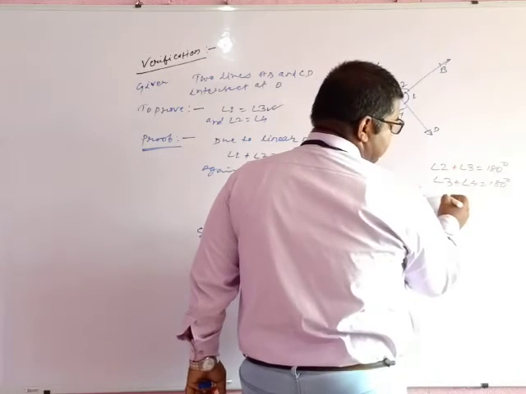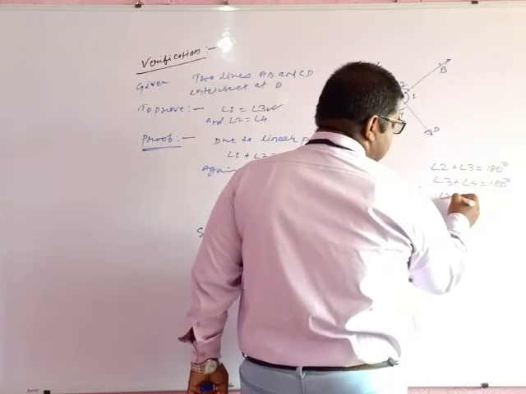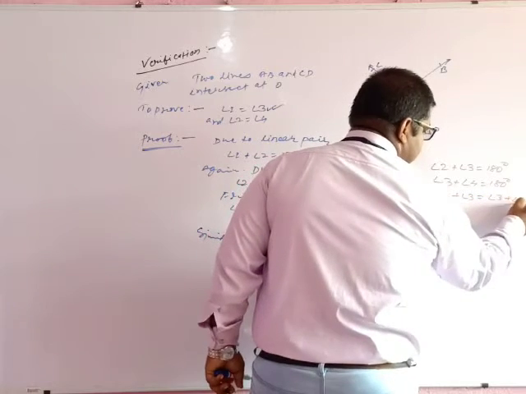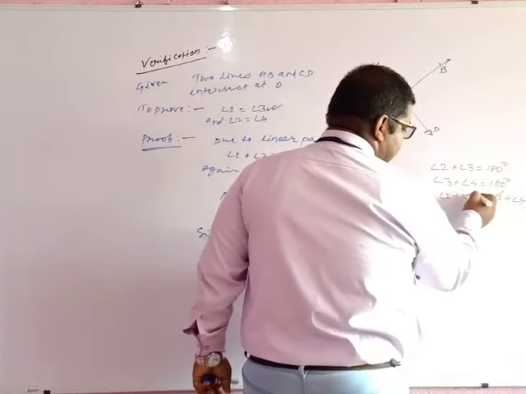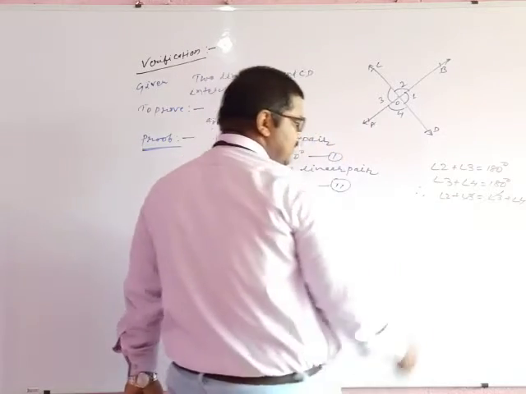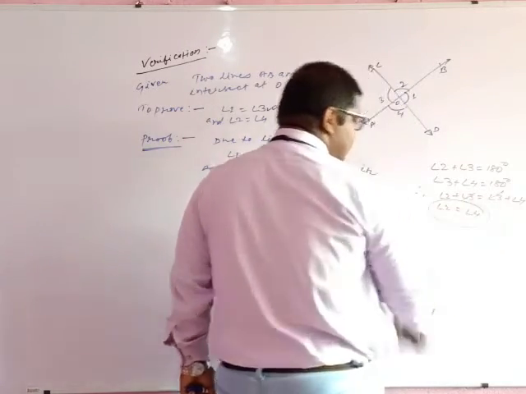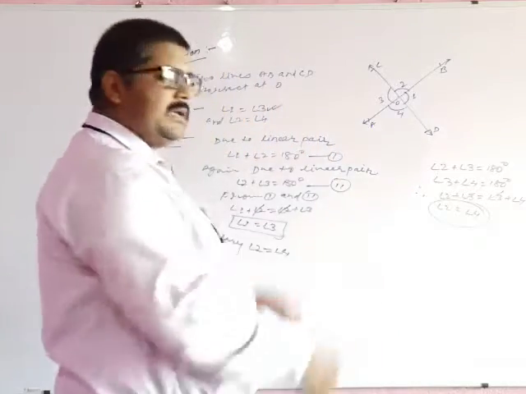Now if you equate both of them, angle 2 plus angle 3 is equal to angle 3 plus angle 4, angle 3 cancels, and angle 2 is equal to angle 4.